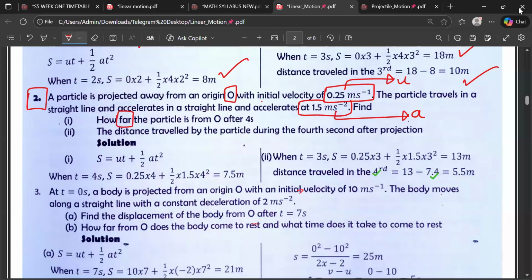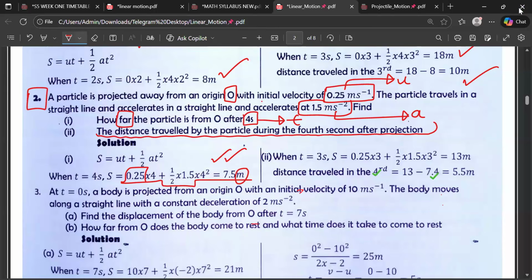Find how far the particle is from O after 4 seconds. I think it is the same thing. We are going to use the second. It is here. This time round, it is not from rest. The initial was 0.25, not a 0. So we get our answer. And because the speed was in meters per second, even the distance is in meters. Then after that, they're asking the distance traveled by the particle during the 4th second.